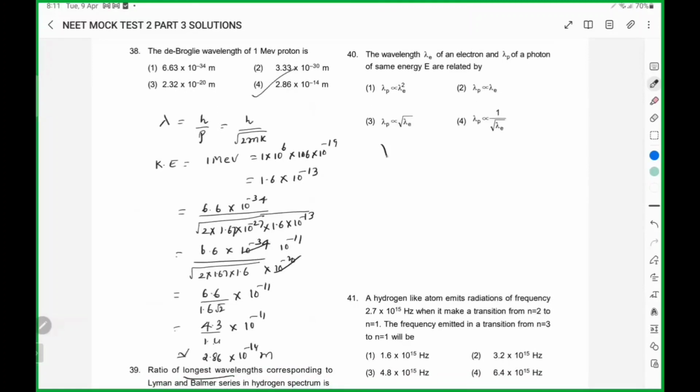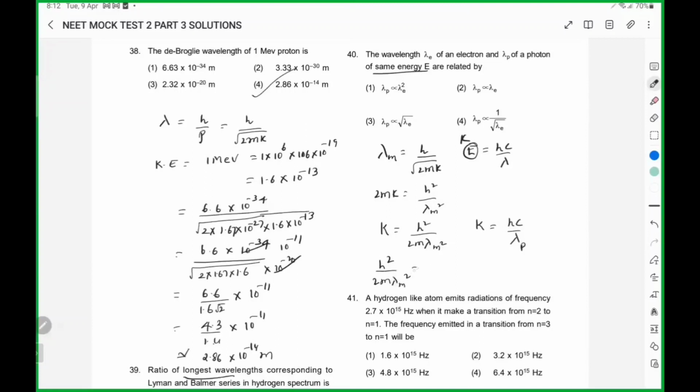Here, wavelength of an electron according to de Broglie is h by root 2mK. Energy of photon is hc by lambda. Here they told the same energy. Then kinetic energy will be h square by 2m lambda square. Energies are equal, so h square by 2m lambda m square is equal to hc by lambda p.